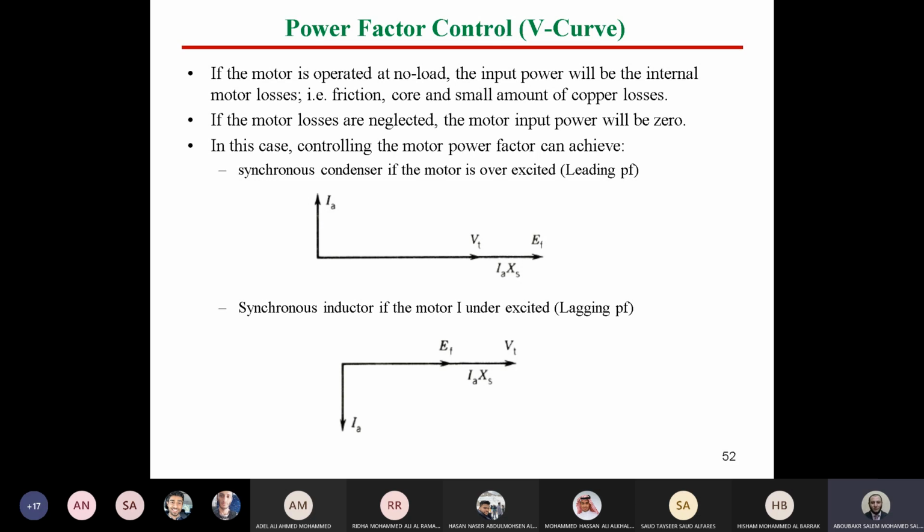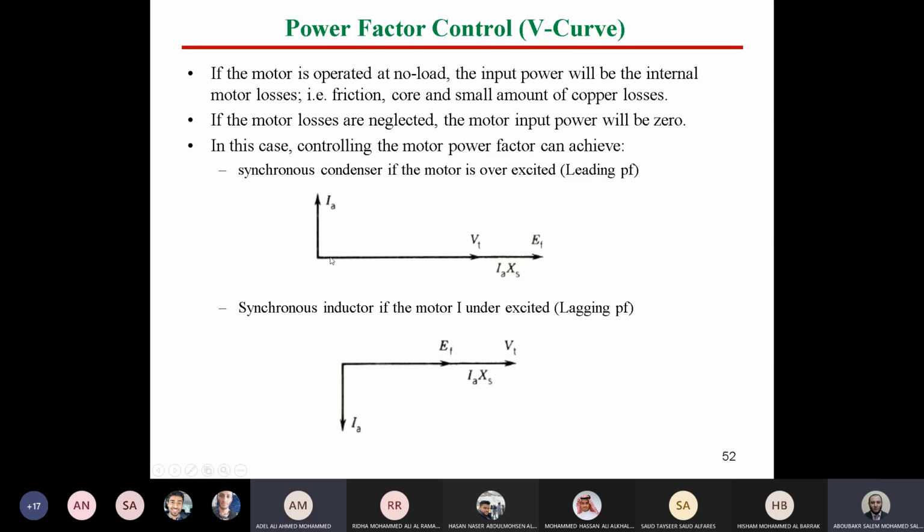Okay? Yes, Doctor. Go ahead. When we say that the synchronous motor is with no load, it means with very high field excitation, right? No, the word no load means there is no mechanical load coupled to the motor, so the power angle will be 0. This is the meaning of no load.